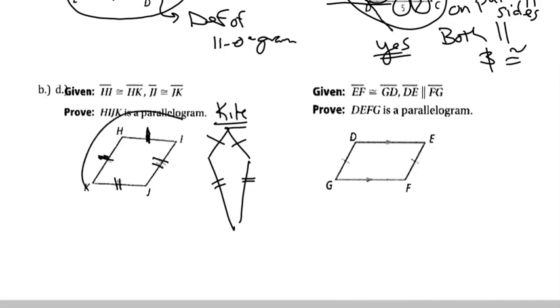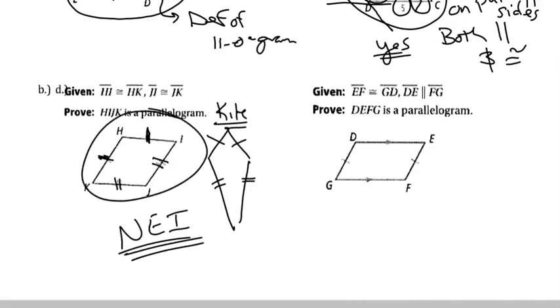So this is not enough information. I might even just say no, it's not a parallelogram, because if these are congruent and we use two different tick marks here, then those obviously aren't congruent. So I would just say that's a no.